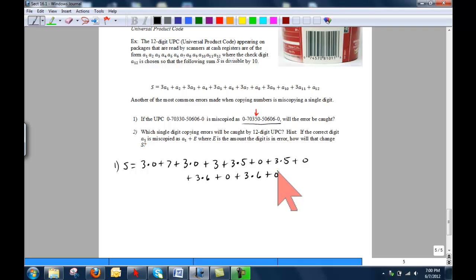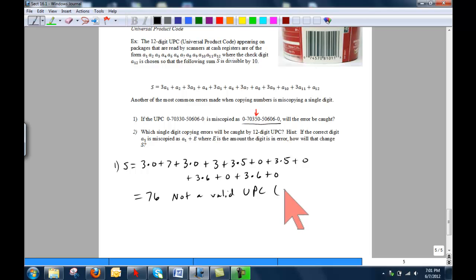Lots of zeros in this number. This works out to be 76. Is it a valid UPC? Same question. Is it divisible by 10? No. And so not a valid UPC.